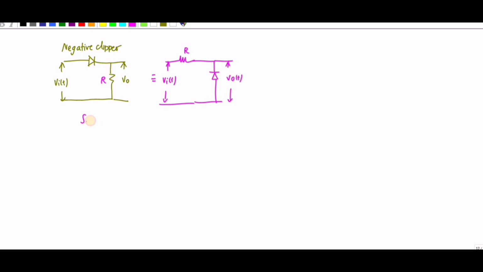This is called a series negative clipper, and this one is a shunt negative clipper, based on the position of the diode.